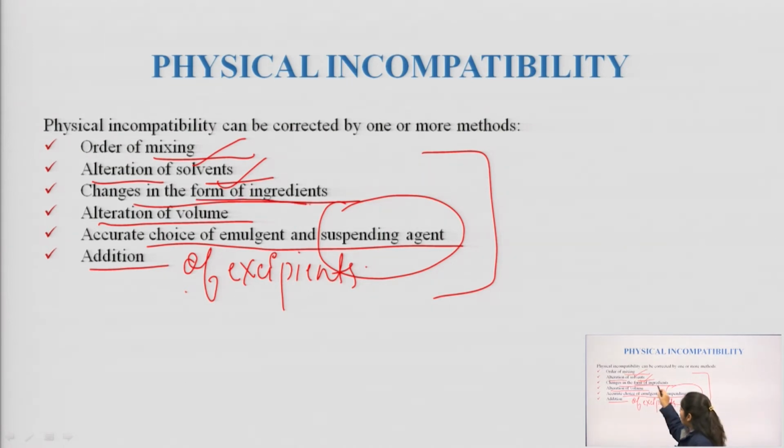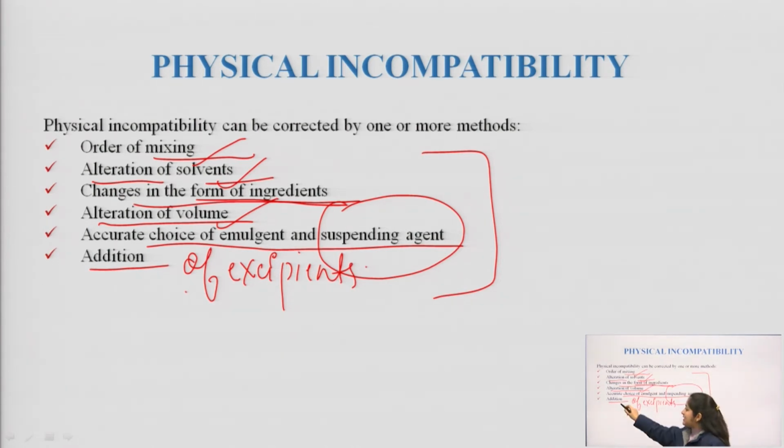Now, change the form of ingredients. The form of ingredients means the physical state of the ingredient. If your ingredient is quite stable in the liquid state, why would we go for a solid or gaseous state? We will definitely choose the most stable state, that is the liquid state, and then by alteration of volume and by selecting the proper amount of emulsifying agent and suspending agent, the formulation that we are making is not going to have any sort of incompatibility.